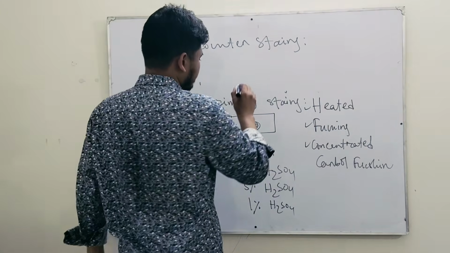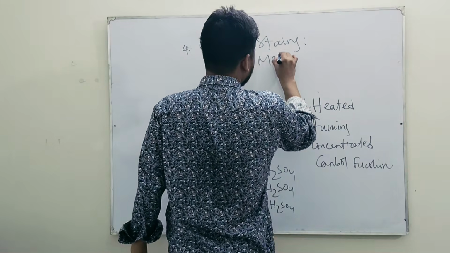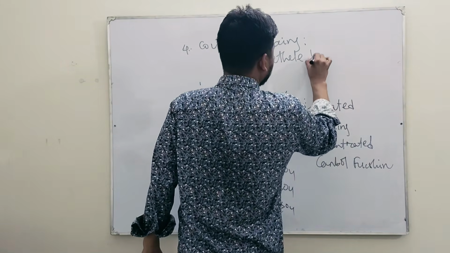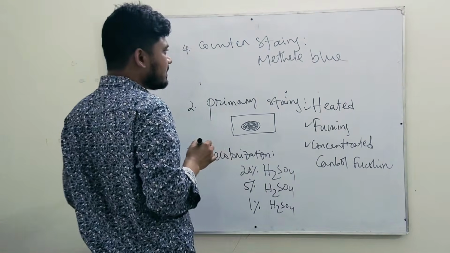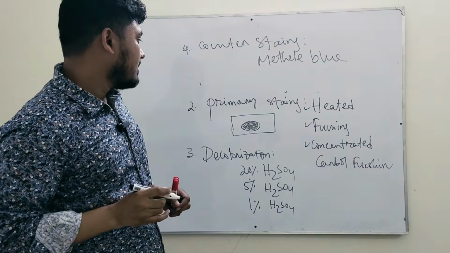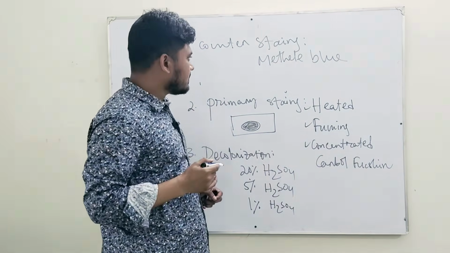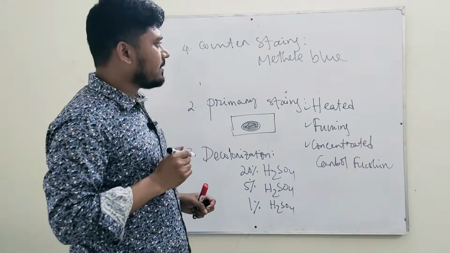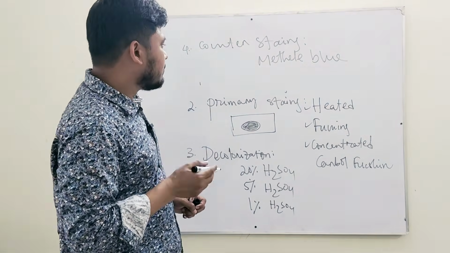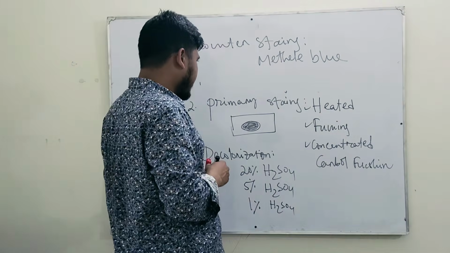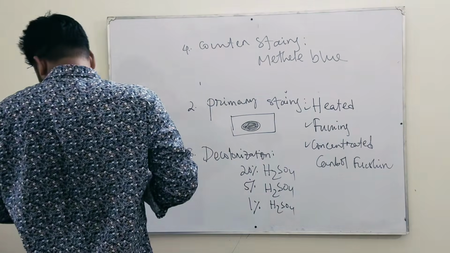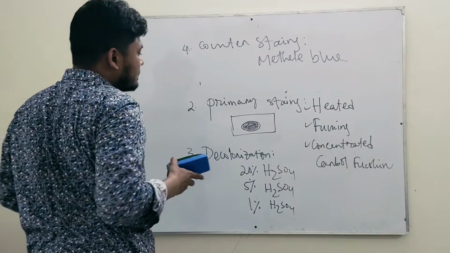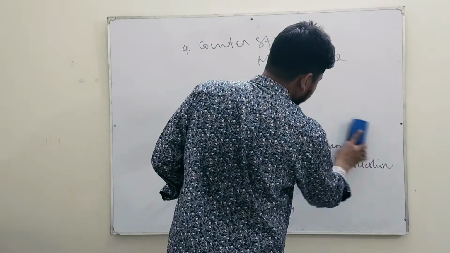Here we use Loeffler's methylene blue for counter staining. The smear is covered with methylene blue for 30 seconds to 1 minute and then washed with tap water. After washing, the smear is air dried and then focused and observed under microscope.